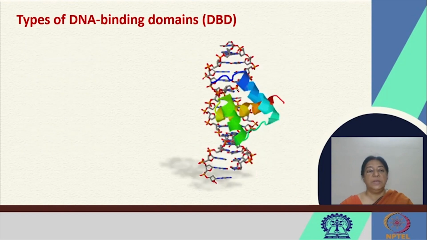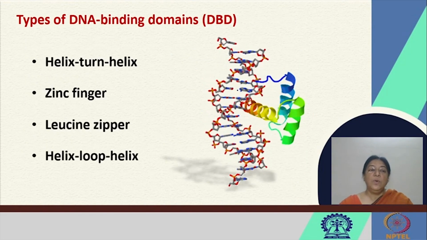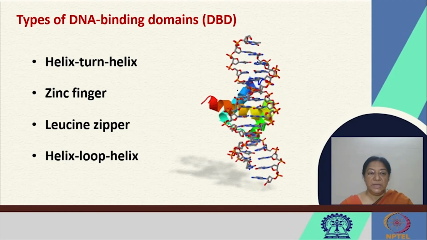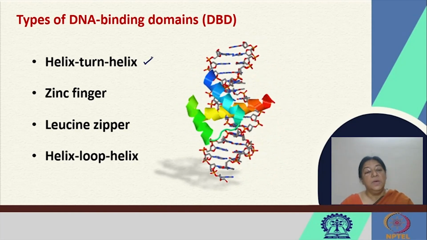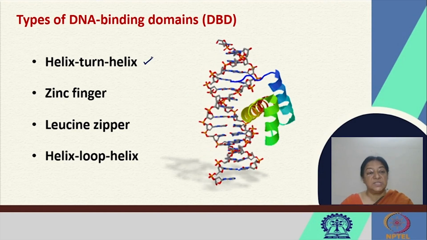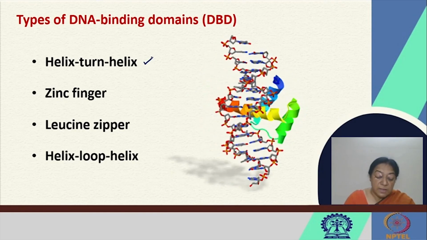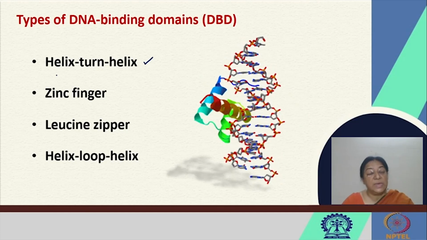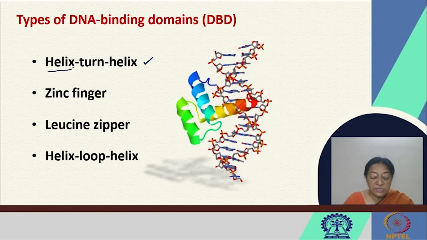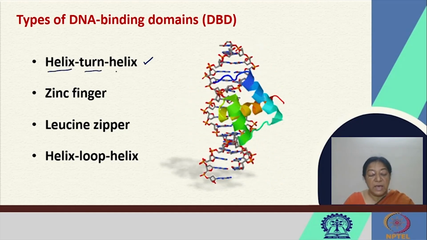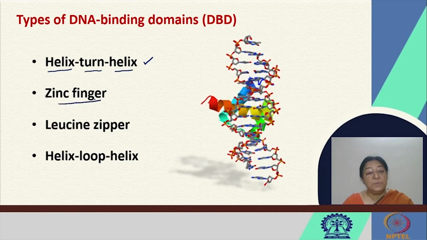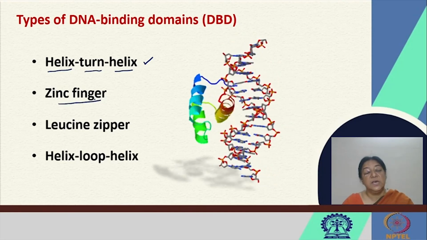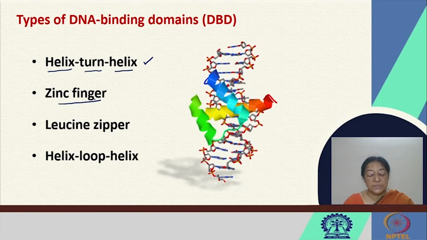If we look now at the different types of DNA binding domains, we have a helix turn helix, which from the name itself suggests what kind of structural aspects we can expect: a helix followed by a turn and followed by another helix. When we look at the zinc finger, we will see specific characteristics associated with this.